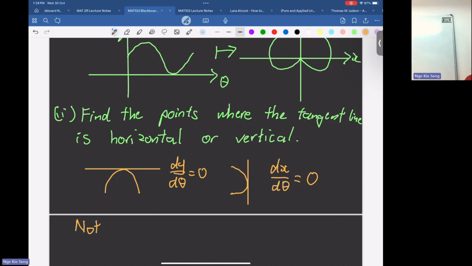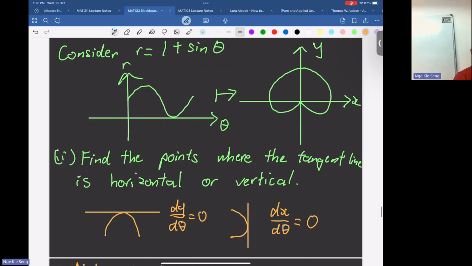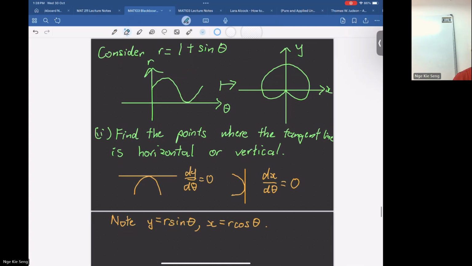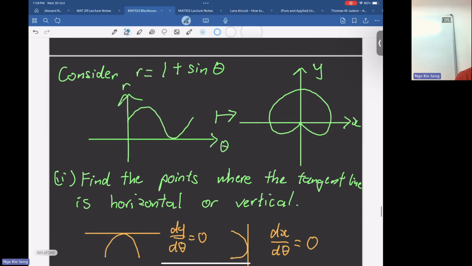Sorry, y equals to r sin theta, and then x is equal to r cos theta. Okay, good. But in this case here, if we want to just talk about our particular curve here, what can you see? You see that the r is depending on angle here.